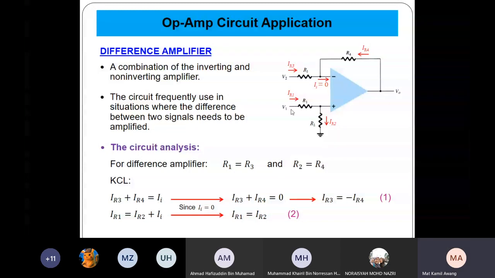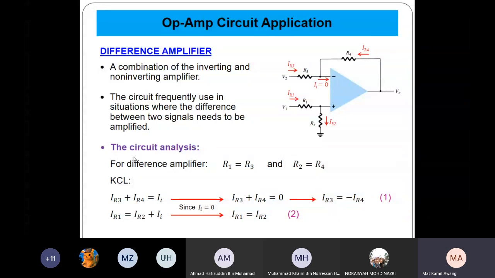So now we want to do the analysis to find the formula for V out. V out is basically the difference. You amplify the difference of V1 and V2. Of course, it depends on the ratio of R1, R2, R3, and R4.